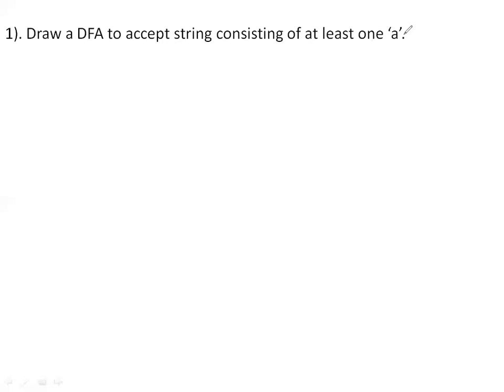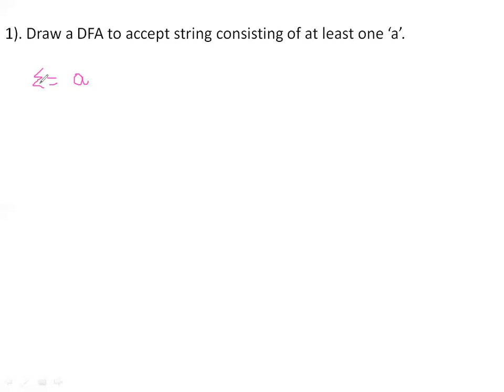The number of alphabets residing in this particular question is what? Sigma is equal to only A, because apart from A, we are not expecting any other alphabets, like B or C. Such alphabets are not available in this question.